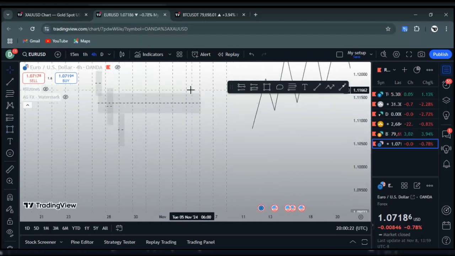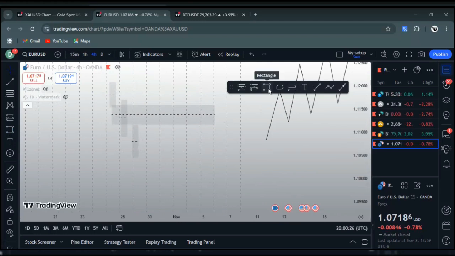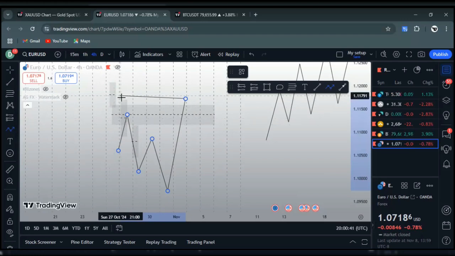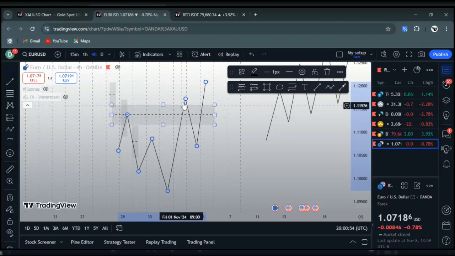So for instance, the market is creating higher highs and higher lows. When the market comes here and does like this, boom, and refuses to respect this fair value gap, when it just comes and closes with the body of the candle, bam, when you see something like this, closes with the body.